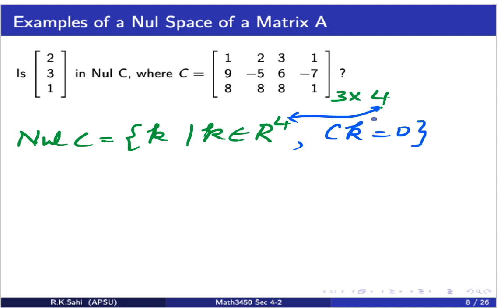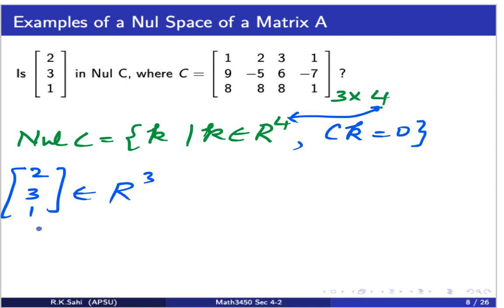So two things to keep in mind. This vector K has to be first in R4. Okay, let's look at the vector we are given. We are given the vector 2, 3, 1. Where is this vector? This is a vector in R3. So it can't even go into the null space of C because this is not at all a vector in R4. Before we can even prove that it satisfies the condition, it is not even an element.